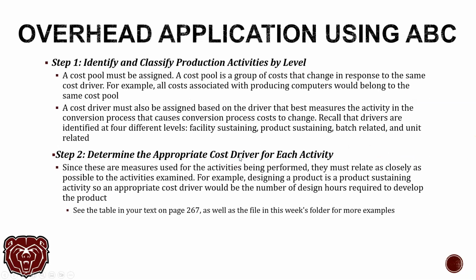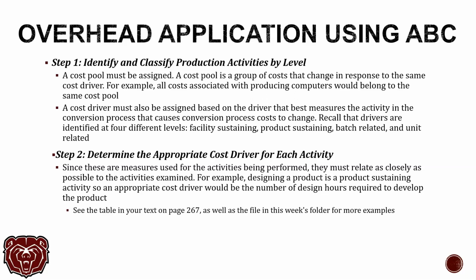So step 1, you've got to identify and classify production activities by level. If you remember, these levels are facility sustaining, product sustaining, batch related, and unit related. Like I said, there will be a table I'll provide to you guys that'll give you a pretty good description of these activity levels and what you can expect with those. You've also got to assign what we call a cost pool.